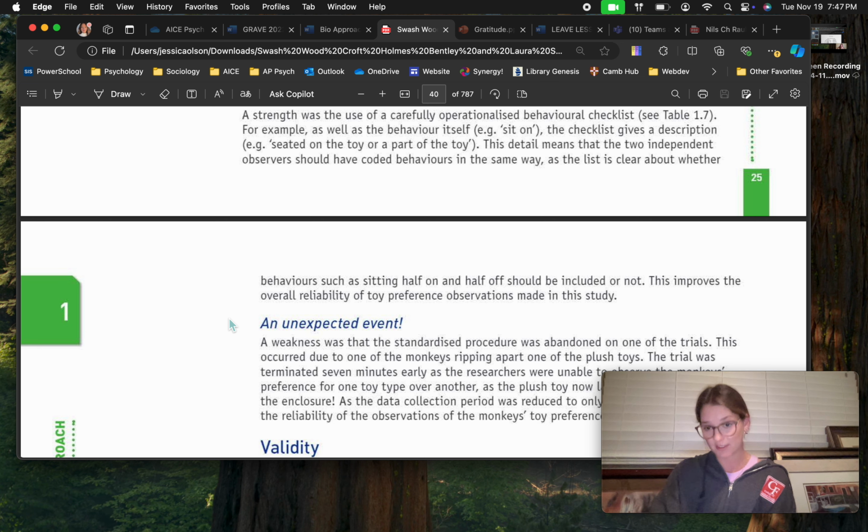Were the toys the same? Were they the exact same distance from the toy when the observation started? Was there any counterbalancing? Wink, wink. There was. Remember, they counterbalanced the location of the toy.